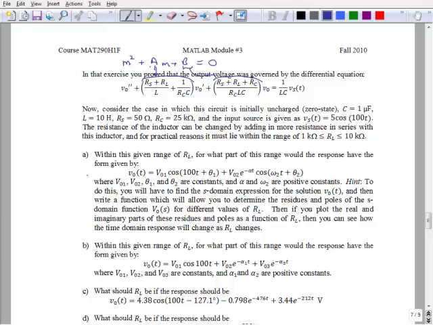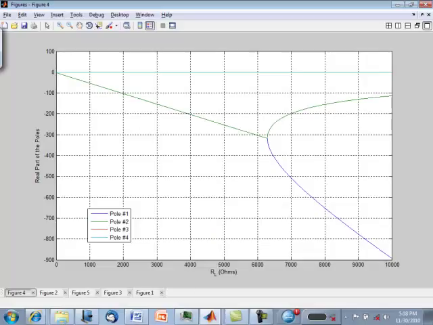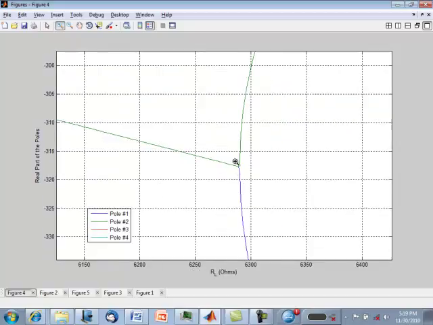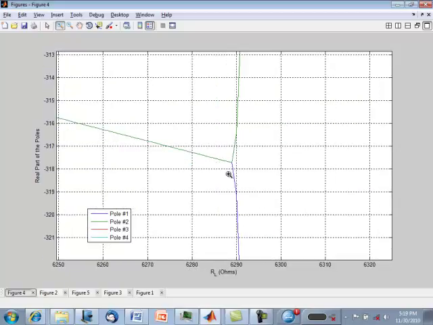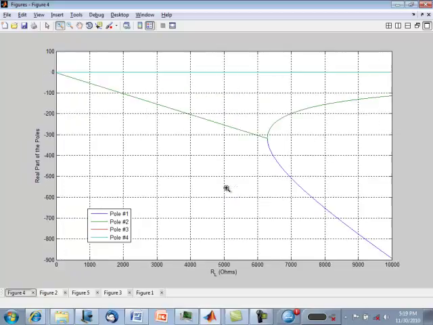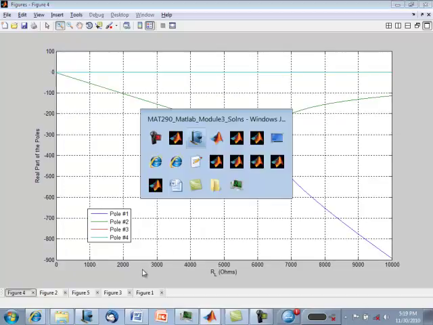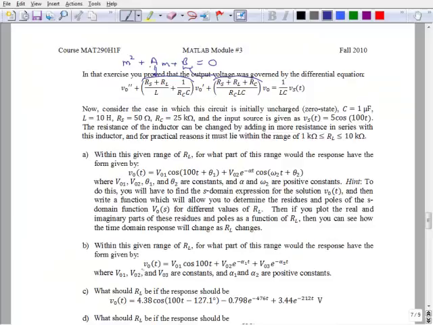So RL is less than 6,290. On the other side, as RL is greater than 6,290, we'll have the cosine due to the input source, and then the two decaying exponentials with alpha 1 and alpha 2 given as the real part of the poles, as we increase the value of RL. So it's quite interesting.